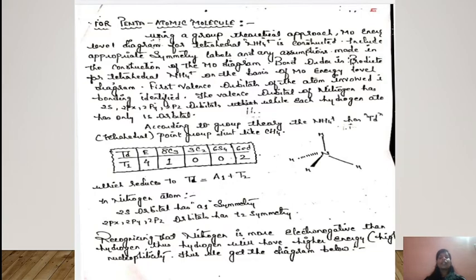Nitrogen is more electronegative than hydrogen, so hydrogen will have more electron donating tendency, which can be explained with the help of the molecular orbital diagram in the next slide.